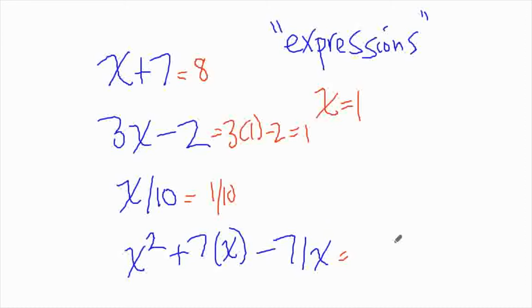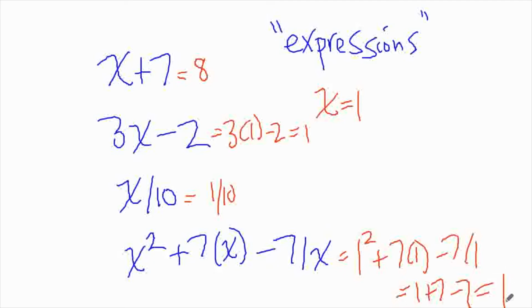You don't get more points if you're a hero and try to do things in your head. So I'll just do 1 squared plus 7 times 1 minus 7 divided by 1. 1 plus 7 minus 7, so that one gives 1. Okay, now what I just did was I plugged in numbers and I combined the quantities, the numbers, together.